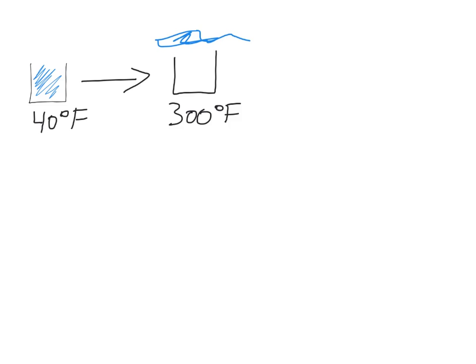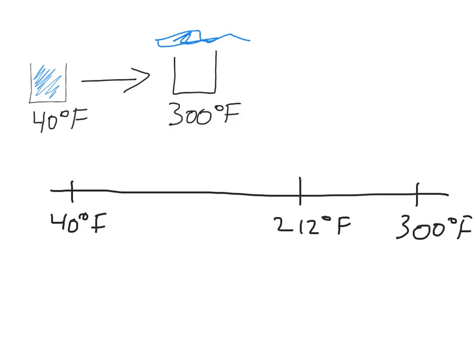The other way involves the heat capacity and the latent heat of vaporization. So I've drawn here just a line showing us the temperature as we're going from this initial state here to this final state here. So what happens? Well, if we start at 40 degrees Fahrenheit, we add some heat into our system, and it gets hotter and hotter until it gets to 212 degrees Fahrenheit.